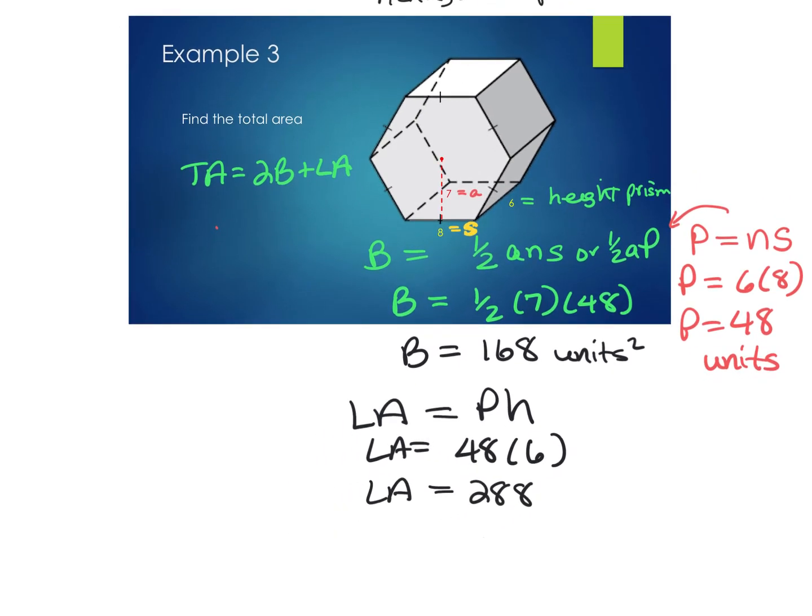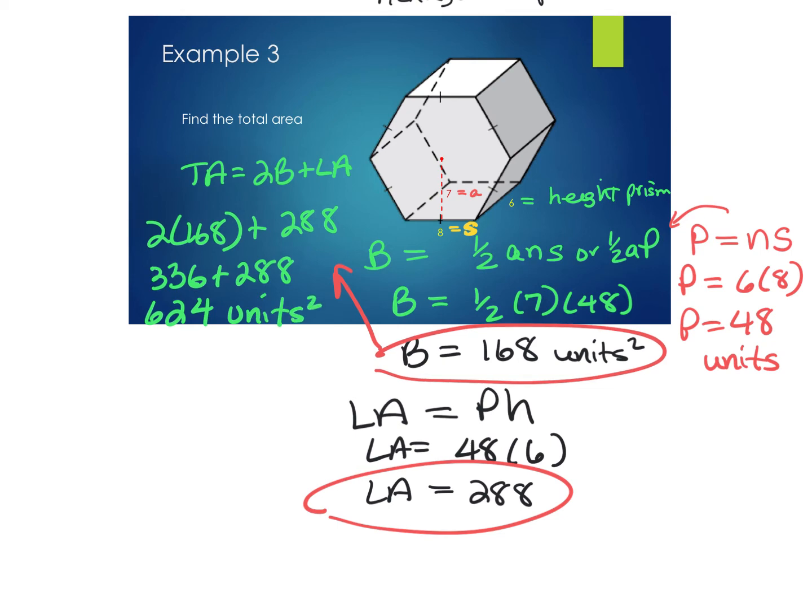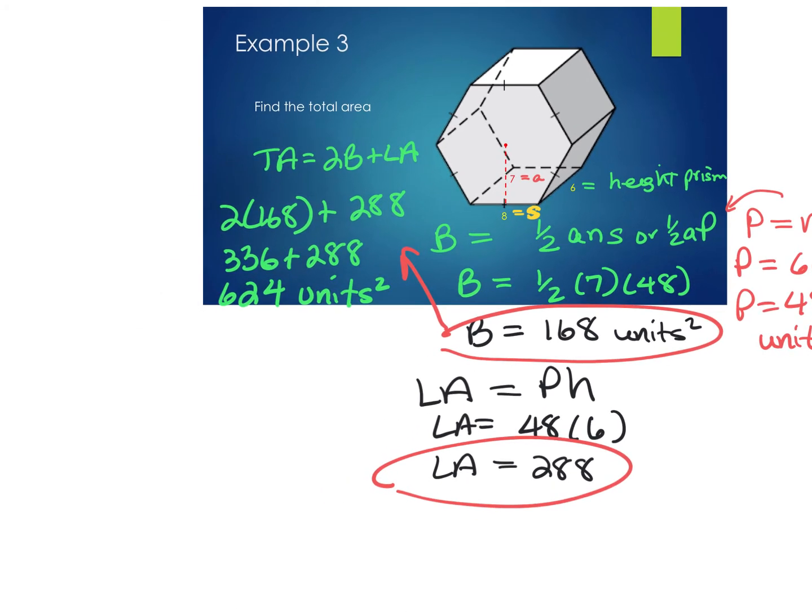And now I can take the base area and times it by 2, and that's what's going into the formula. So 2 times 168 plus that lateral area. 2 times 168 gives me 336, plus 288 gives me 624 units squared for my total area or surface area.